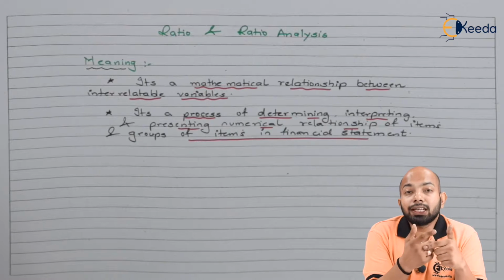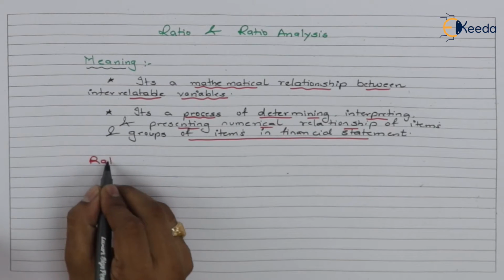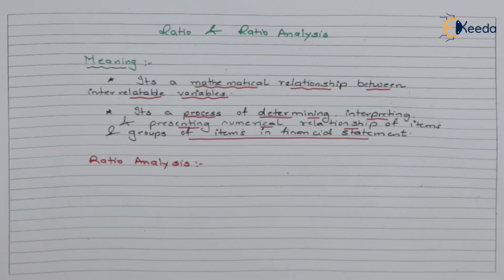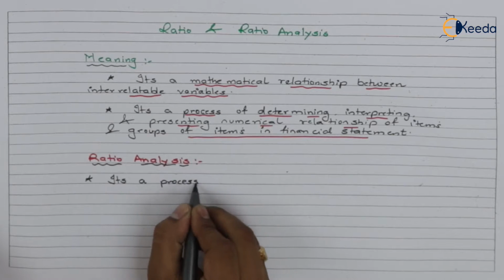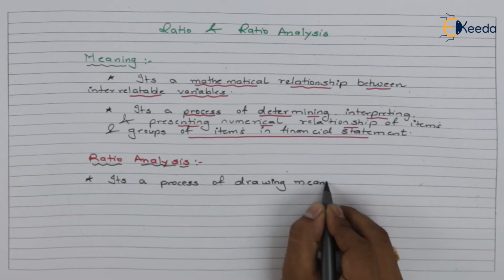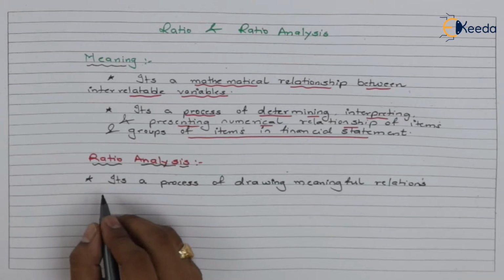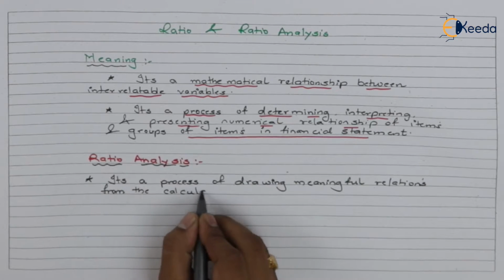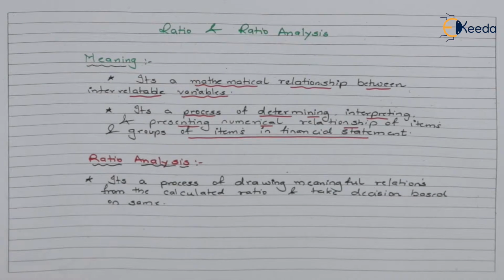Now going on to the next part, we'll understand what ratio analysis means. The first line mentioned here states that it is the process of determining meaningful relations.